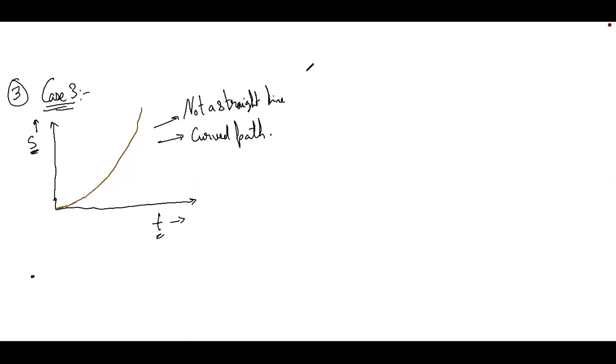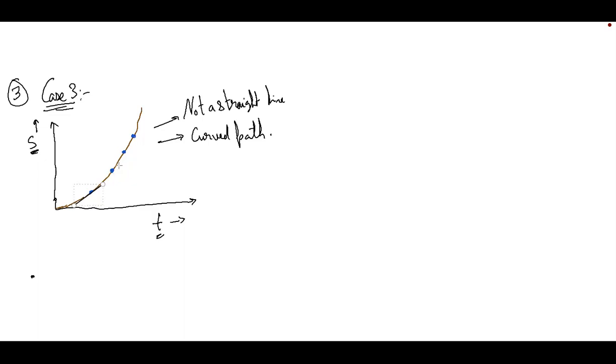Suppose I try to observe some points here. I take this point, this point, this point, and I try to see what is the slope. Here the slope will be something like this.